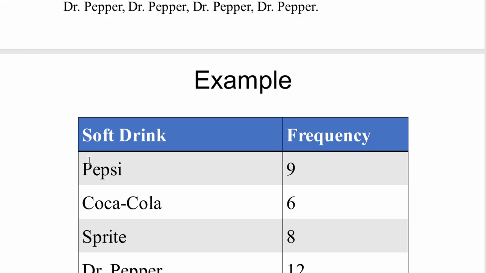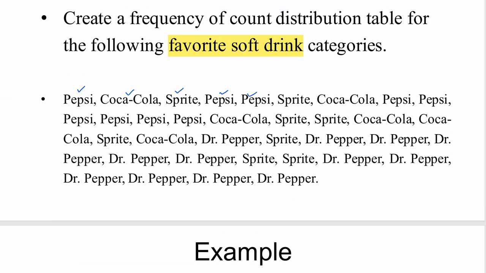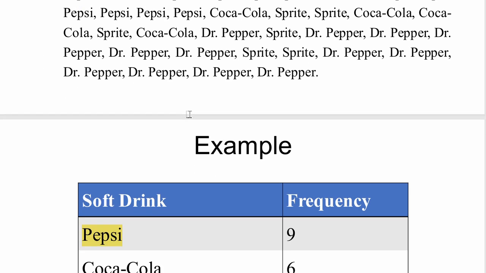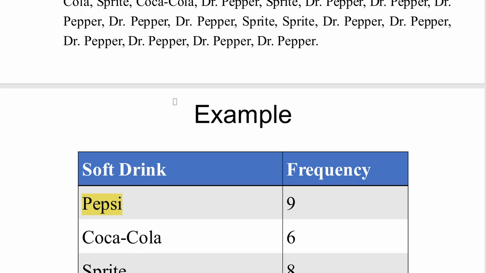The big question though is, how many of our participants said they like Pepsi? And so we can count 1, 2, 3, 4, 5, 6, 7, 8, 9. Nine of our participants said they like Pepsi. And so the frequency for those who said they like Pepsi is 9.